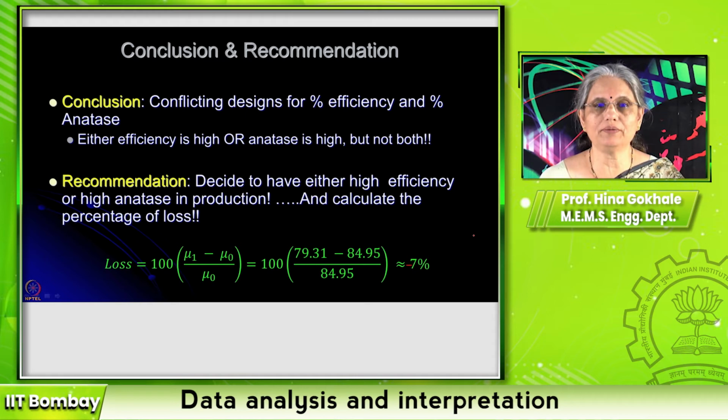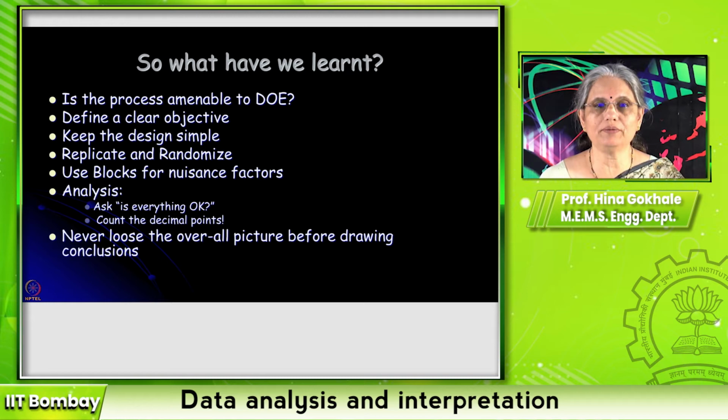So, if you are able to lose the 7% of high percentage anatase in your powder, then you will have the highest efficiency. This is what should be your recommendation. This is what should be the recommendation at the end of the complete design and analysis of experiment.